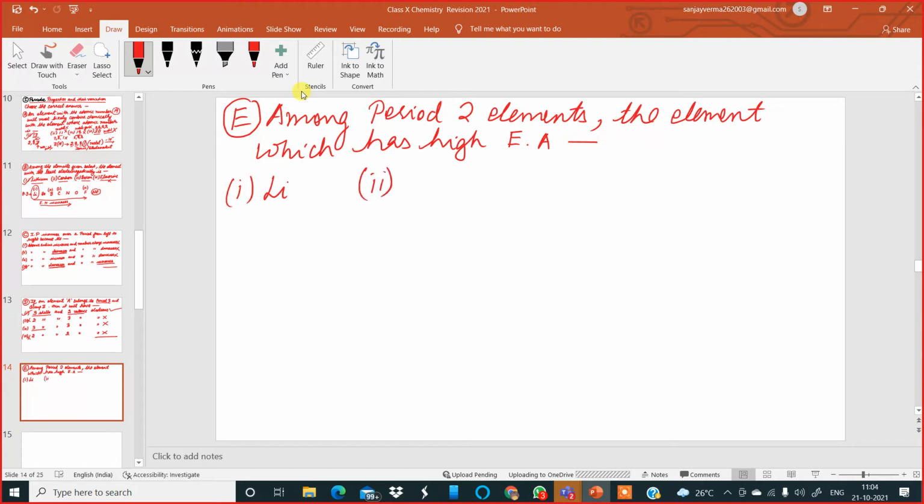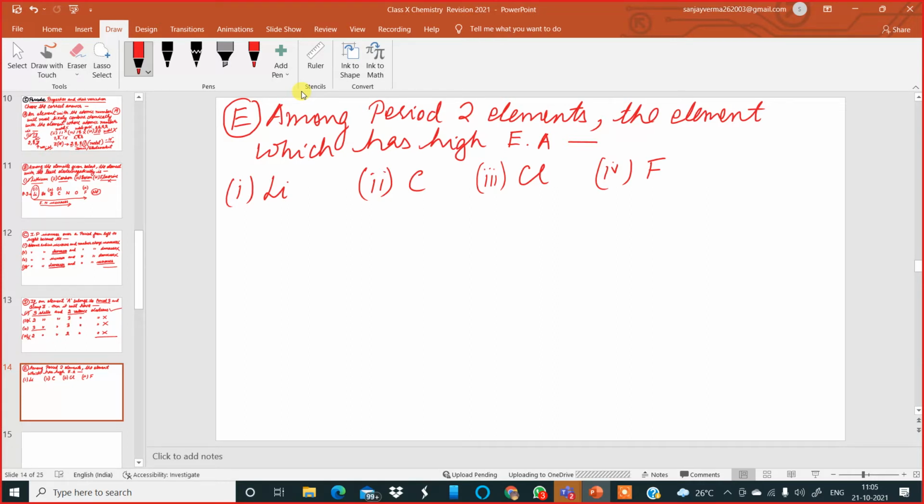Option 1 is lithium. Option 2 is carbon. Option 3 is Cl, chlorine. Option 4 is fluorine, F. So, among the period 2 elements, which has the highest electron affinity?